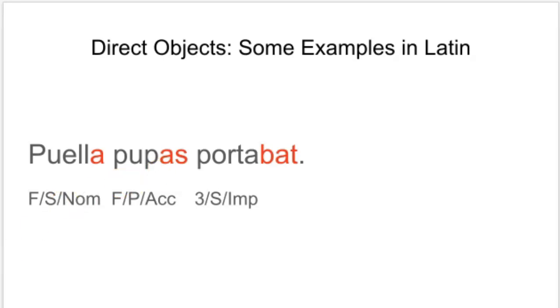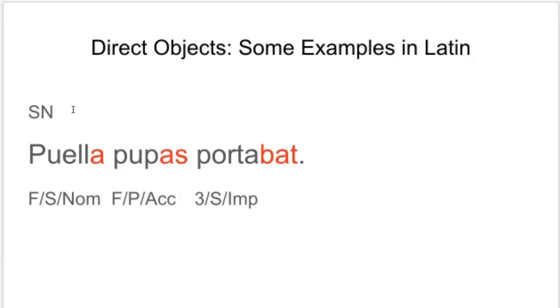Now we want to do our labels. Puella is in the nominative case. The two options for nominative noun jobs are either subject or predicate nominative. But predicate nominative has to be used with a linking verb, and portabat is an action verb. Therefore, since there is an action verb, there can be no predicate nominative. So our nominative here has to be the subject of the sentence.